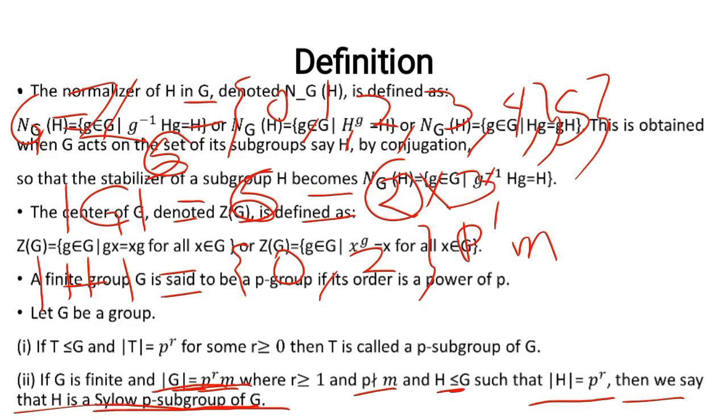So if p is 2 and m is 3, the order of H, which is 2, is the same as 2 raised to power 1, which is the same as p raised to power 1. So therefore, in this case, H can be called a Sylow p-subgroup, because it is the entire 2 raised to power 1.